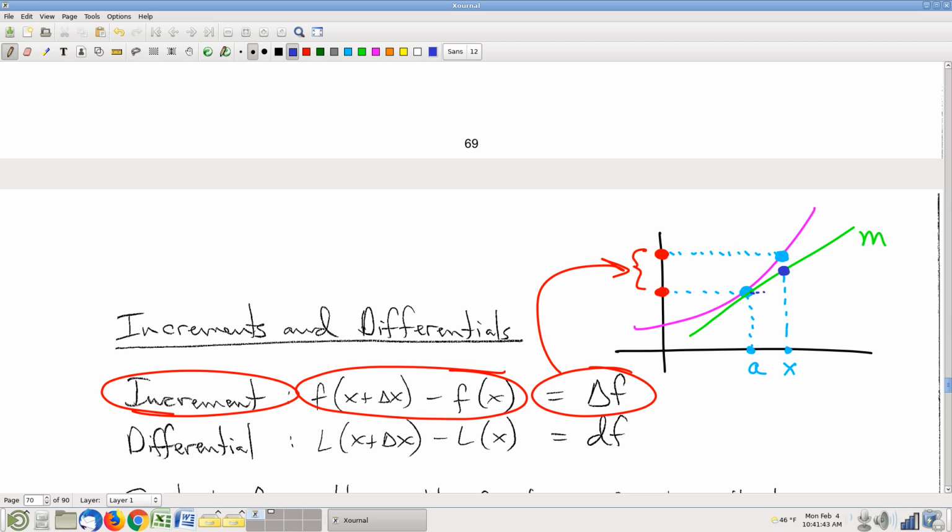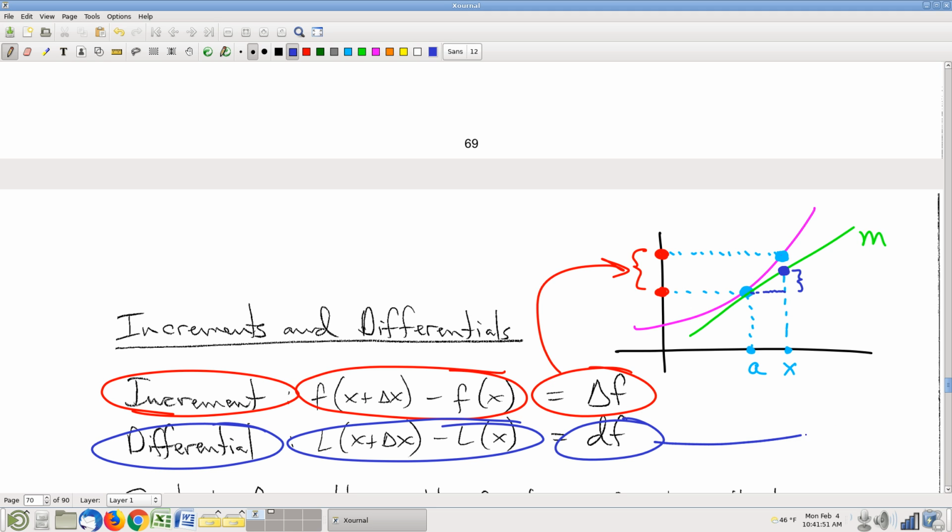And we draw this little triangle here. And what we can compute is this thing called the differential. How much does our linear approximation change? So understanding only the derivative at this point A, we can compute this estimate of the increment. The differential is an estimate of the increment, right?